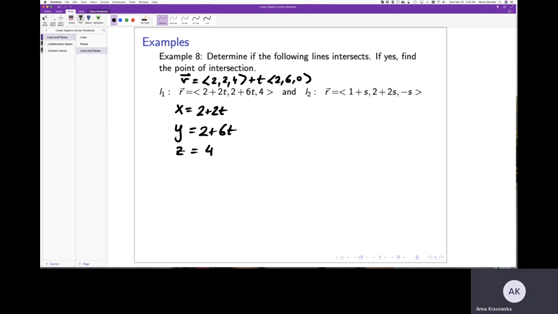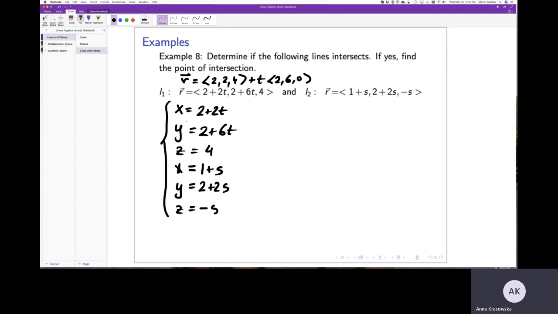Always, if you have one line with a parameter t, and the second line also has a parameter called t, you would have to change it to another one, because those are different lines, and we have to have different names for those parameters. x, y, z is equal to (1 plus s, 2s, minus s). Okay, and again, it must be the same point.